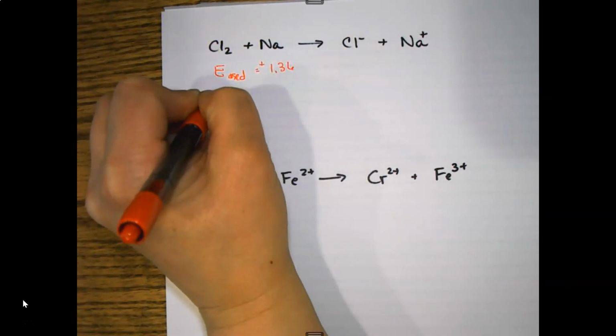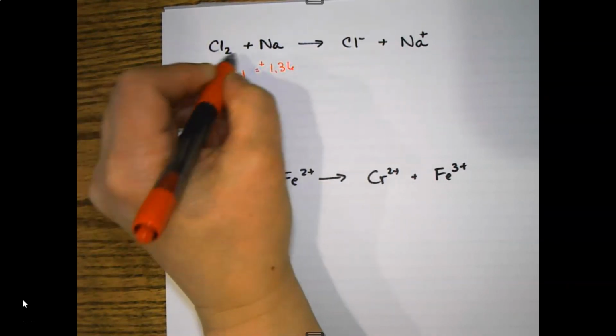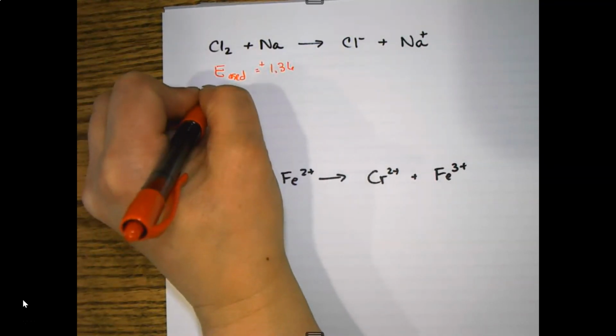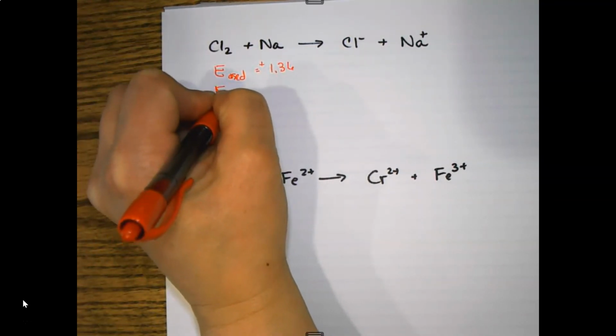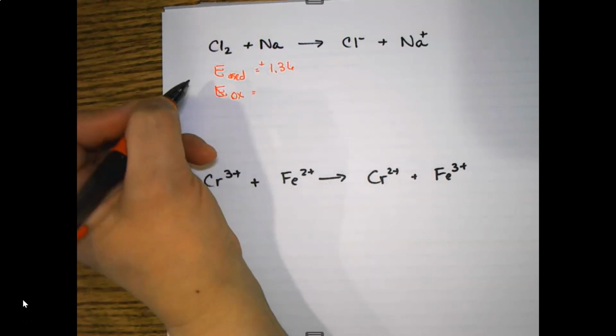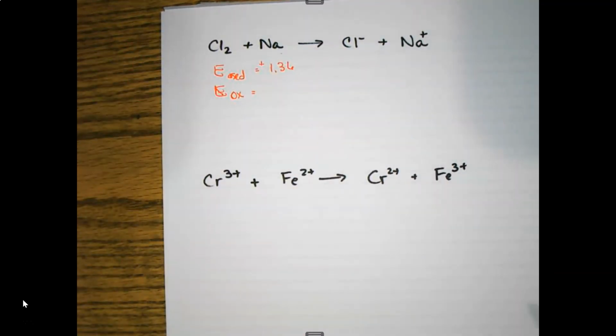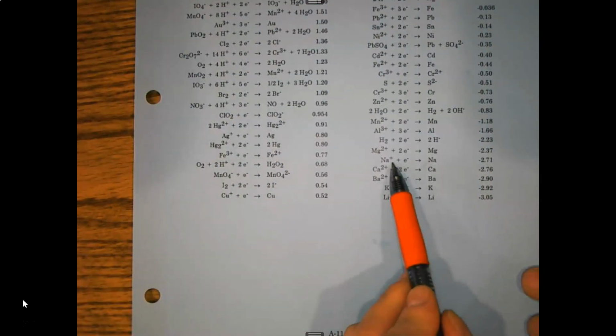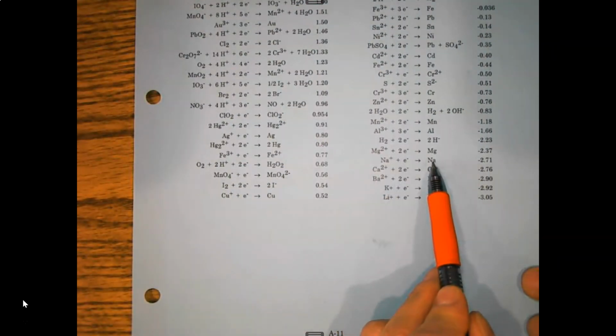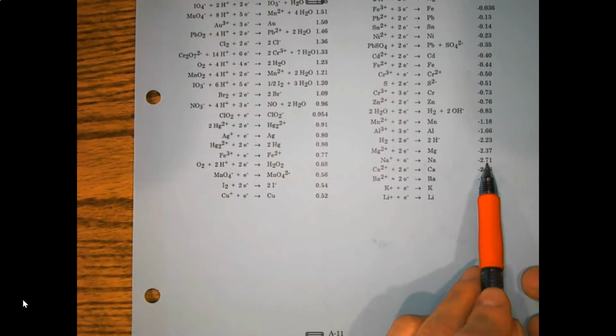For sodium, going to sodium ion, that's undergoing oxidation. If I find that on the sheet, sodium ion going to sodium reduction is a negative 2.7, which means oxidation is a positive 2.7.